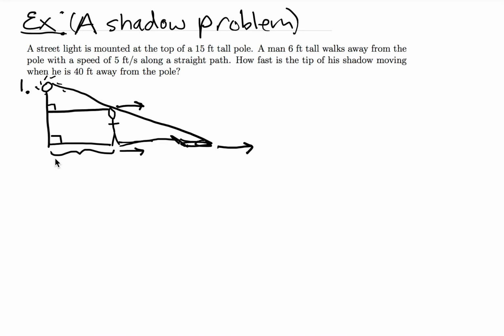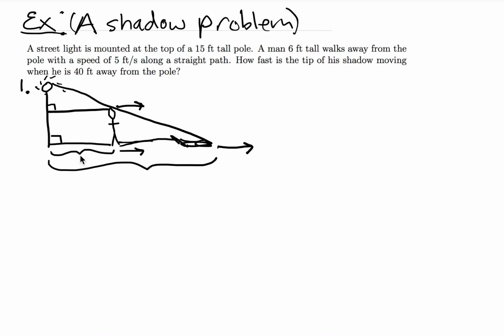So what this is really going to break down is that there's a rate of change of this segment on the bottom between the guy and the lamppost, and there is also a rate of change of the entire base here. That'll tell me how fast the tip of his shadow is moving. So really there's a couple quantities that are important to me here.